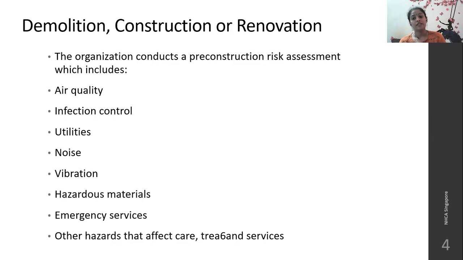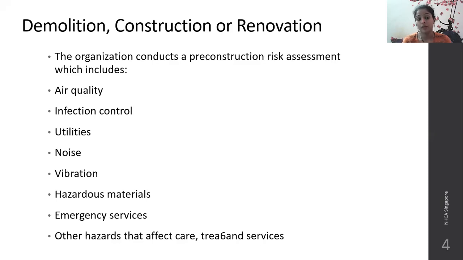Utilities: the basic utilities like common toilets, which are used by the visitors, may have to be changed. They may have to start using the inpatient toilets, which may put the inpatients at risk, etc. So those are just examples of utilities.